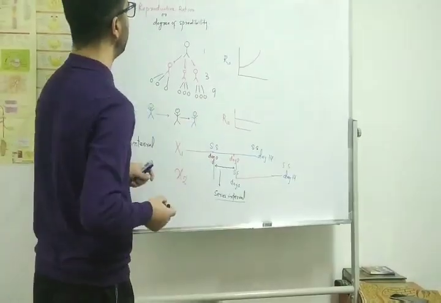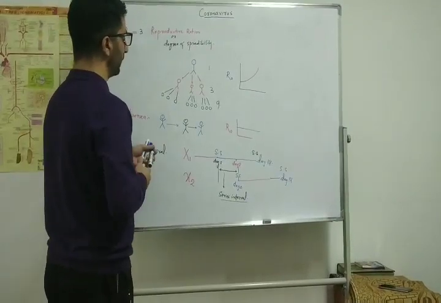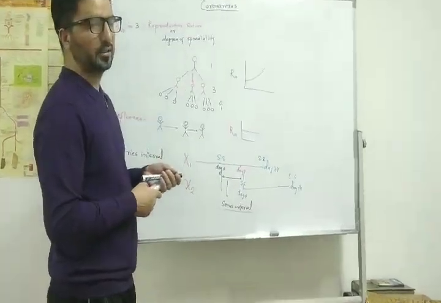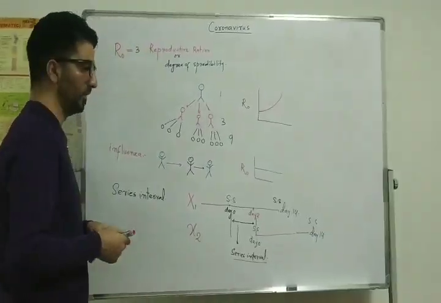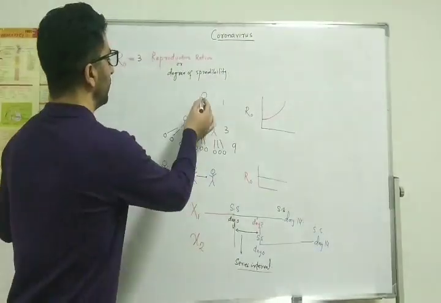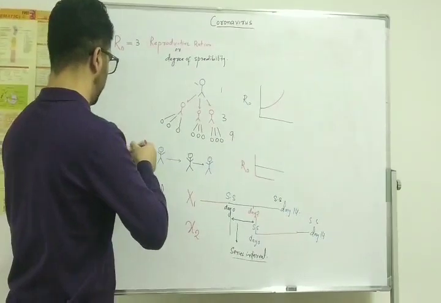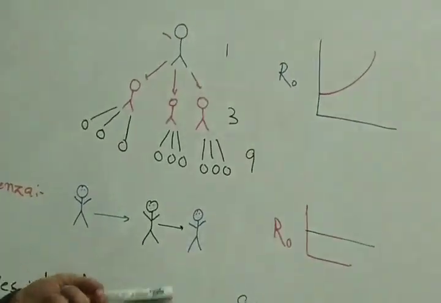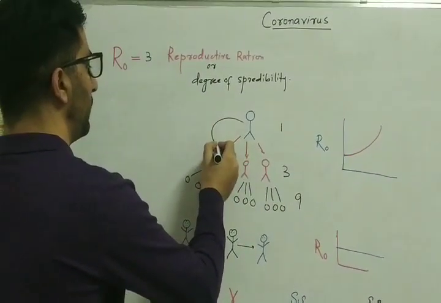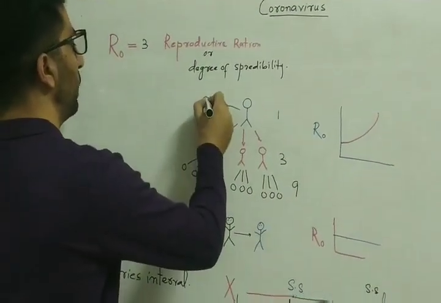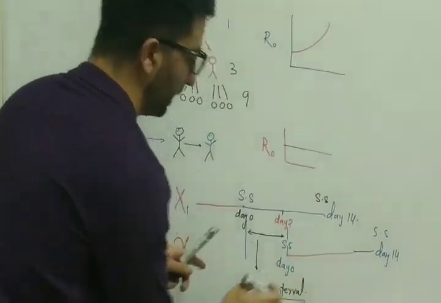So what's the serial interval for the coronavirus? Some say it is 5, some say it is 7.5, so we will say 5 to 7.5. I'll write 7.5, this is the most accurate. I will make it in a different color so that you will not be confused. From this patient to this patient, there is a serial interval of 7.5 days. Thank God, there is a huge gap between them, so the serial interval is large.